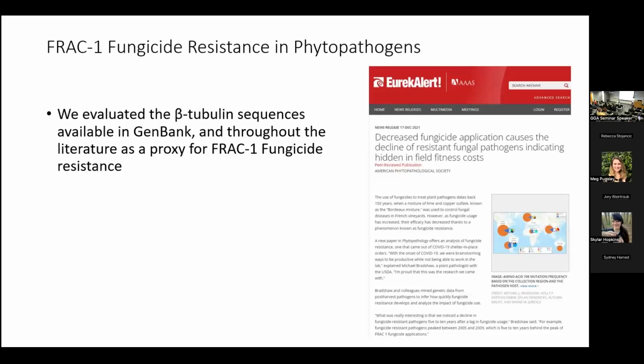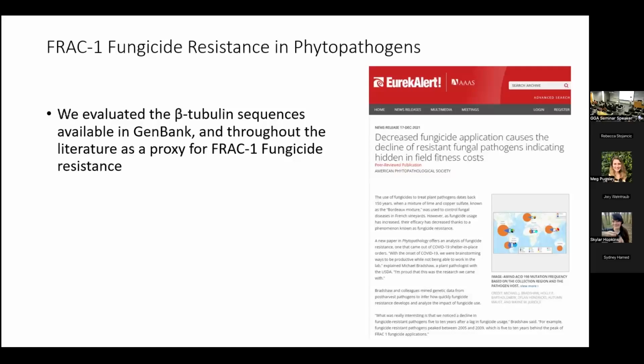I did this during the pandemic. I couldn't go in the lab. I was working at the USDA, and we were just brainstorming, like, what are we going to do? How are we going to do this research? And something that is ingrained in me, from herbarium specimens, is trying to take this time approach. So how are populations changing over time? And so that's kind of what I wanted to do here.